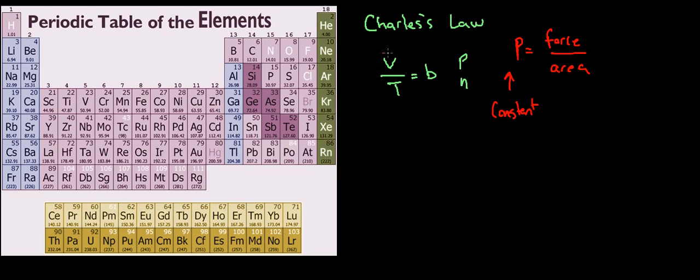So for instance, if I were to raise the area of the volume, if I had a cylinder, say it's halfway down, and then I move it back up, and the pressure is constant.